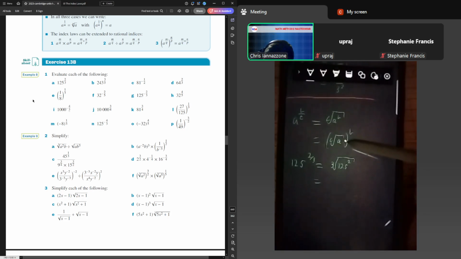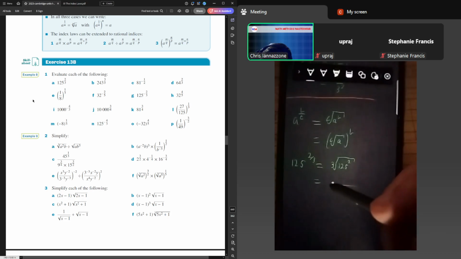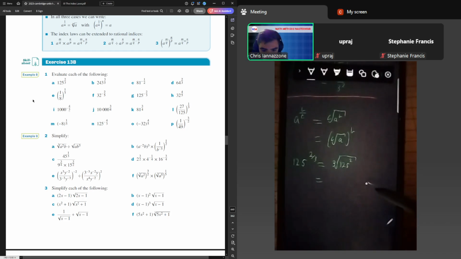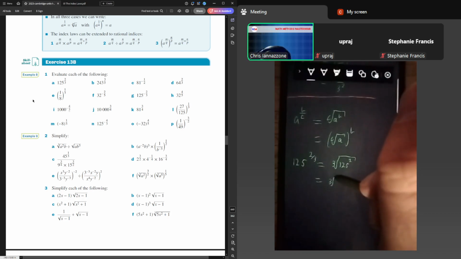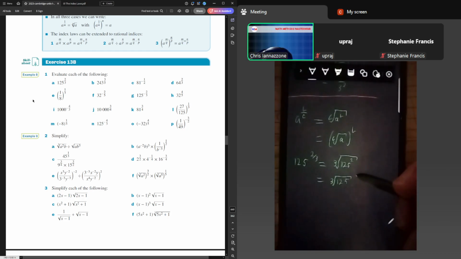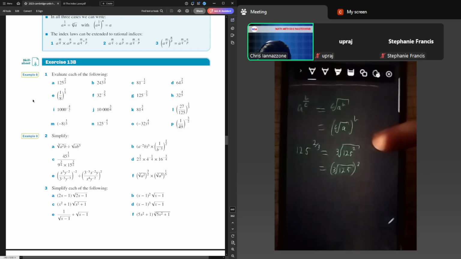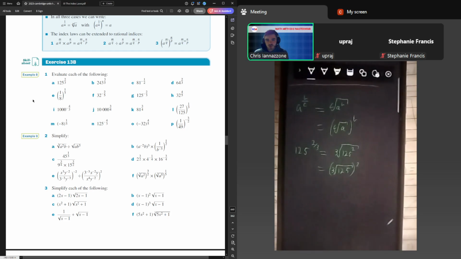So instead of doing that, we can rewrite it in a bit of a different way, because it doesn't actually matter what order we do these in. We can power first, then root later, or we can root first and then power later. If we root first, we're working with a lot smaller numbers. So the cube root of 125, that's much easier. If we assume it's always going to be some form of integer, it doesn't take much time to test what that could possibly be.